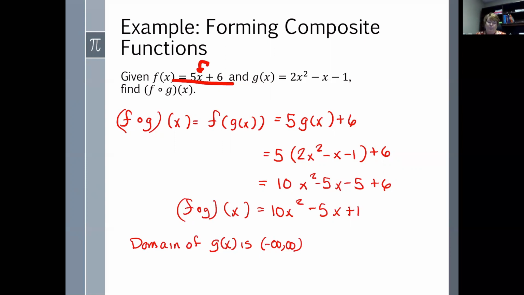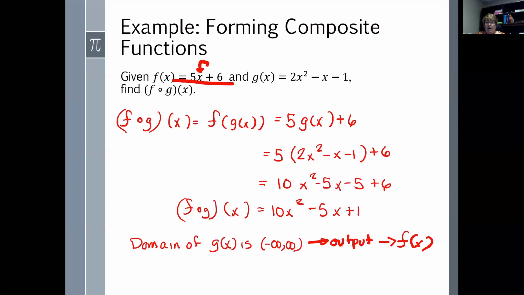Whatever output we get here, we have to be able to put that in f of x. And f of x, its domain is also the set of all real numbers. f of x is a line, a linear function. So there is no restriction on the output of g of x that I can't put into f. There's no output of g of x that I can't input into f.